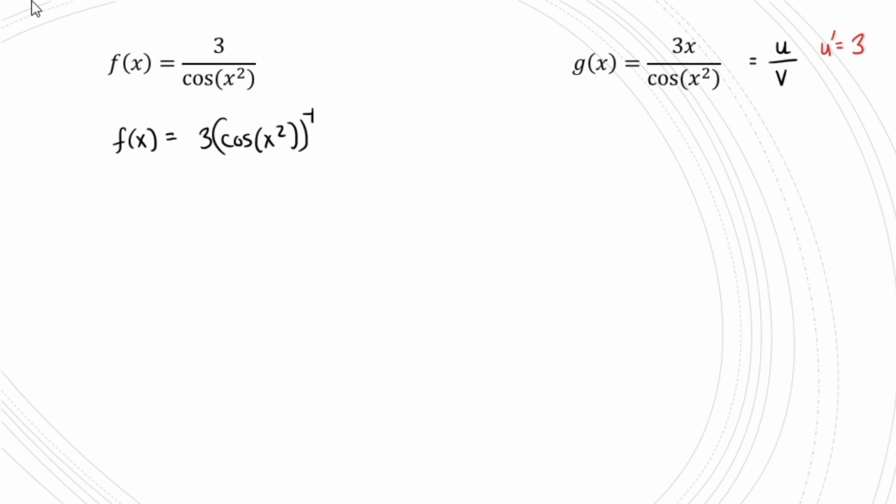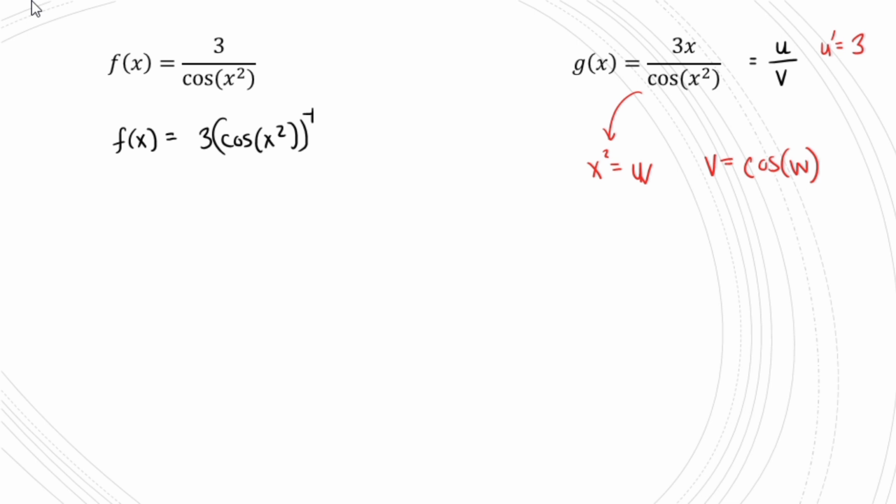I will just take a little time out and deal with that. Let's say that x squared is u. Then our second thing, let's call it v. And I know I'm using u and v again. Maybe I'll say x squared is w, something different. And v is cos of w.